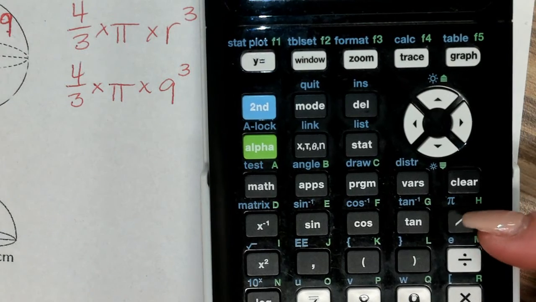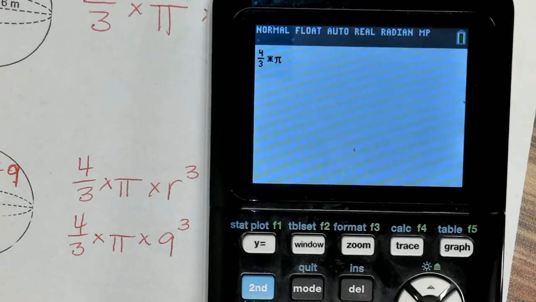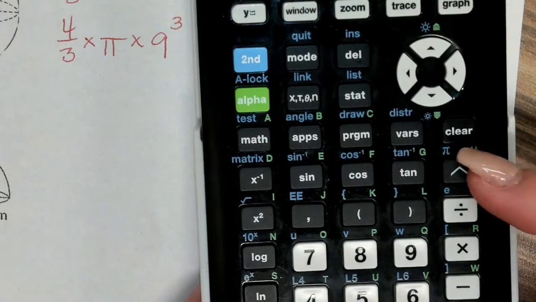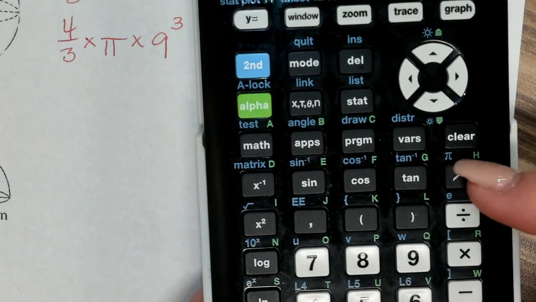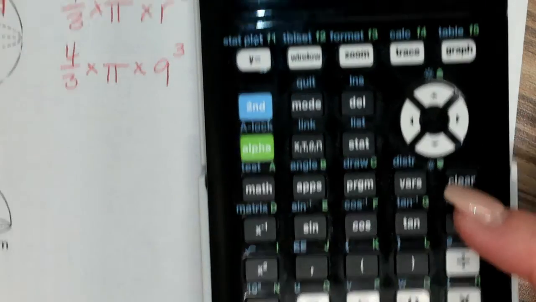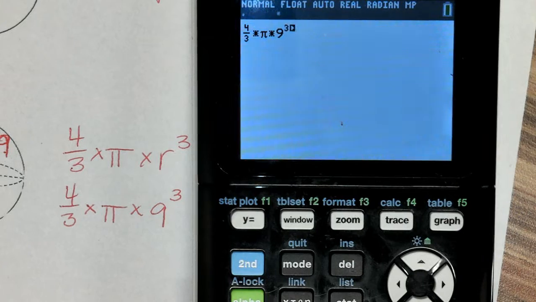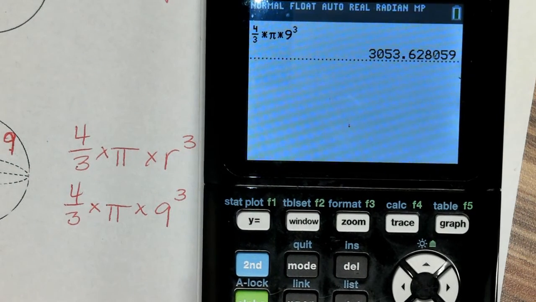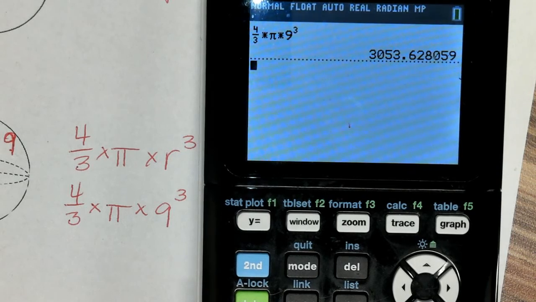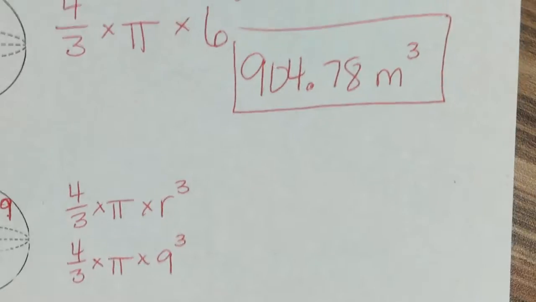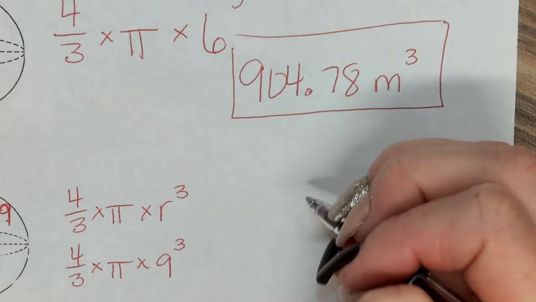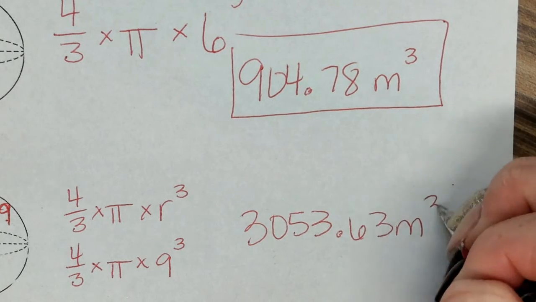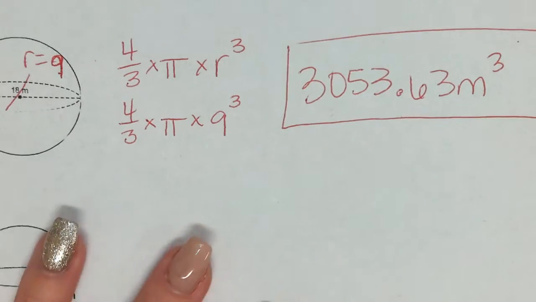So you're going to hit second and then that to get your pi button. Times 9. And again, to get to the exponent, you're going to push this caret to push up to the exponent of 3. Hit enter, and that's your answer. So 3,053.63 if I'm rounding. Meters cubed.